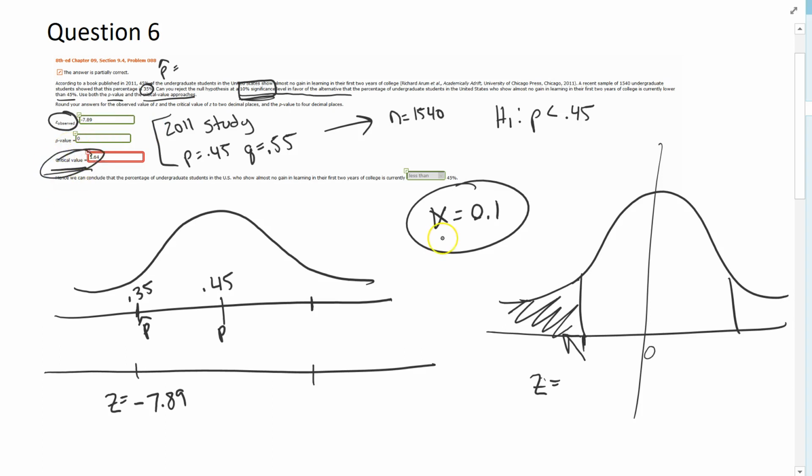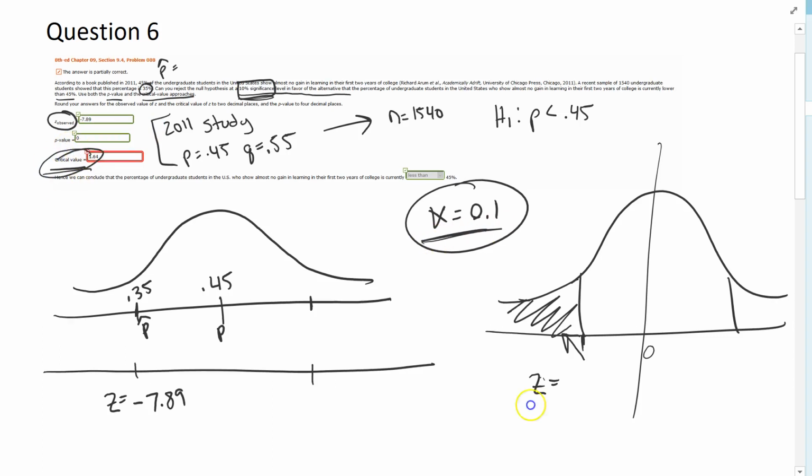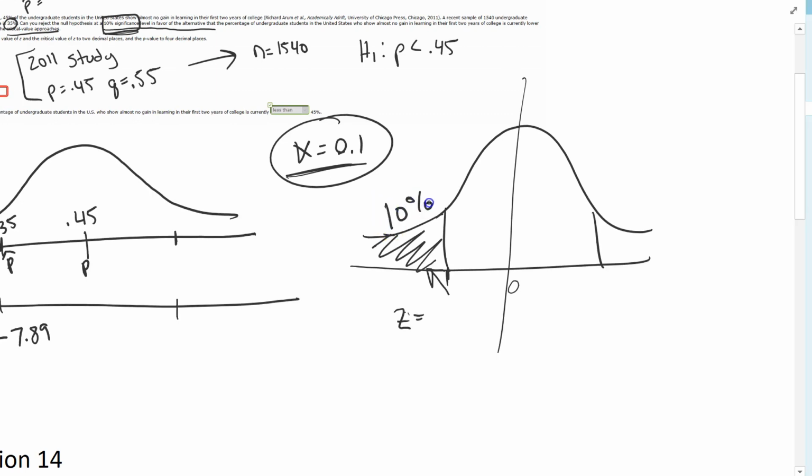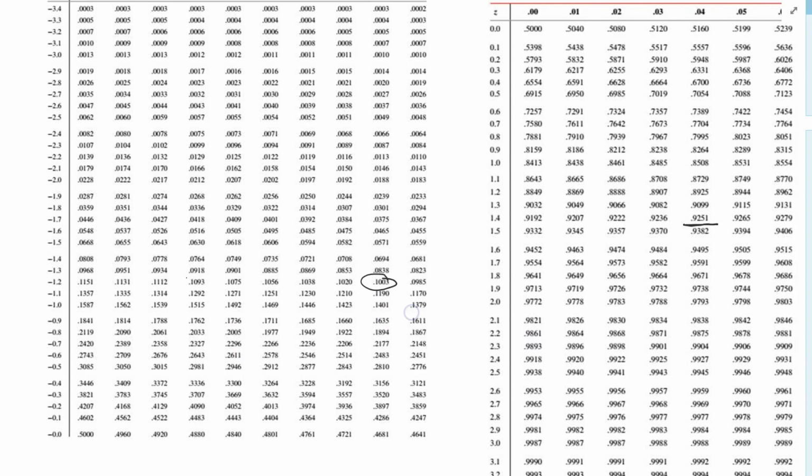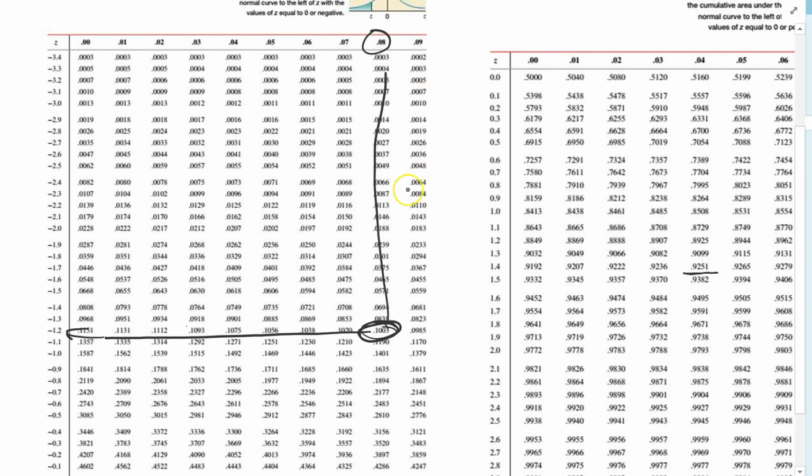But for our critical value, with alpha being 10%, we want the area to be 10% here. So we're finding the corresponding Z that would give us a 10% area to the left of that point. We go to the standard normal distribution and look for an area of 10%, and find the corresponding Z value, which would be our critical value. That's going to be minus 1.28.